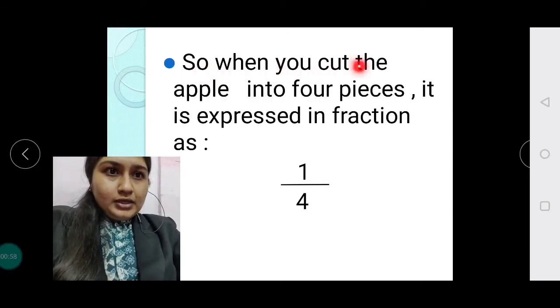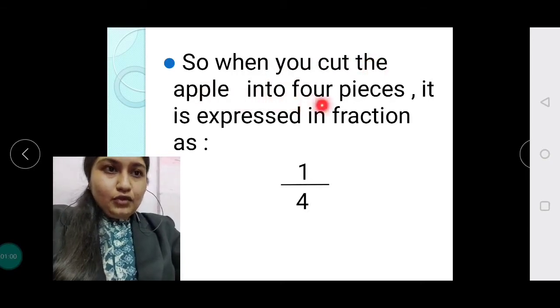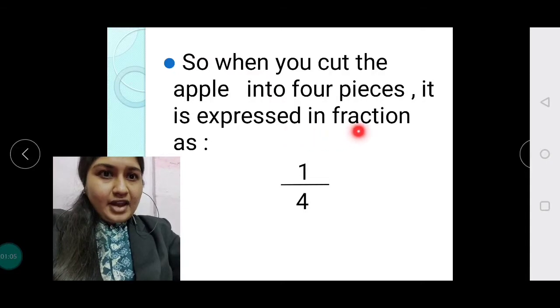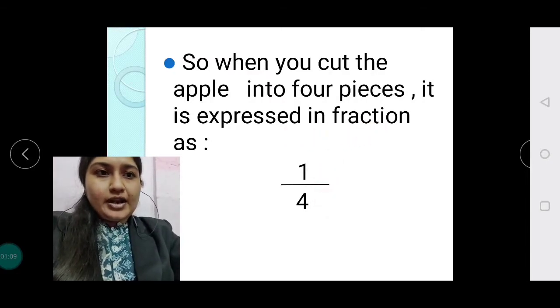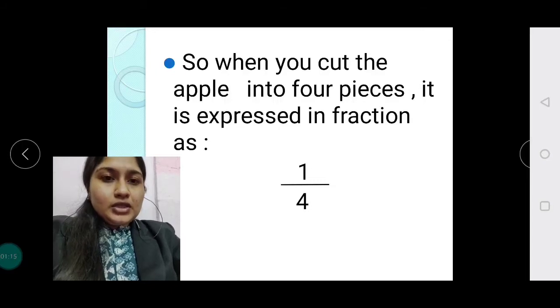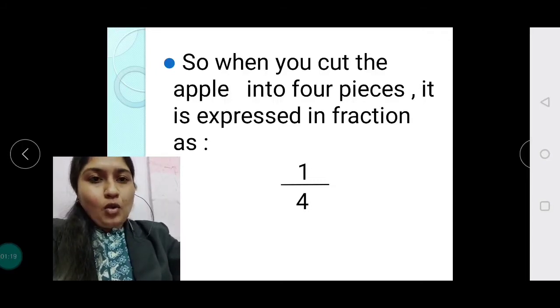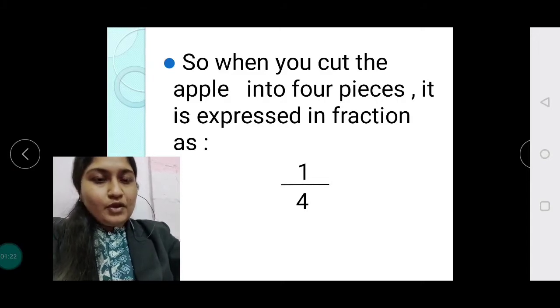When you cut the apple into 4 pieces, it is expressed in fraction as 1 upon 4. You will write down 1, then a dash, and 4. In fraction, 1 by 4 is also called a quarter. 1 by 4 को quarter भी बोला जाता है.